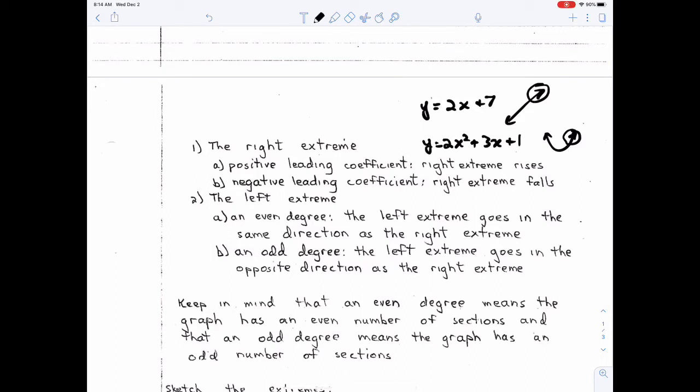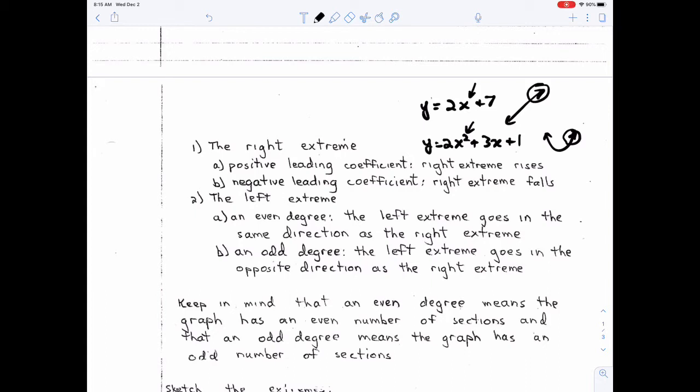Now, the left depends on the degree. So in other words, this is x to the first and this is x to the second. If it's an even degree, for instance the parabola, then the left extreme does the exact same thing as the right.